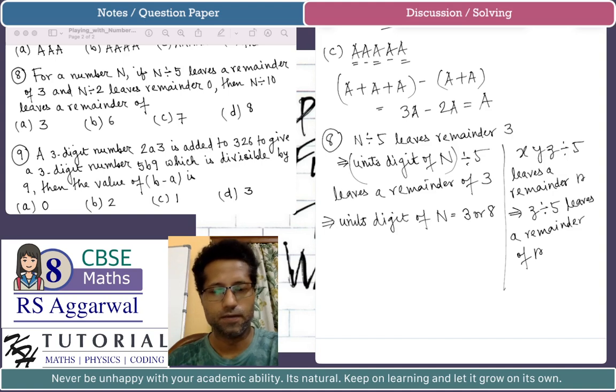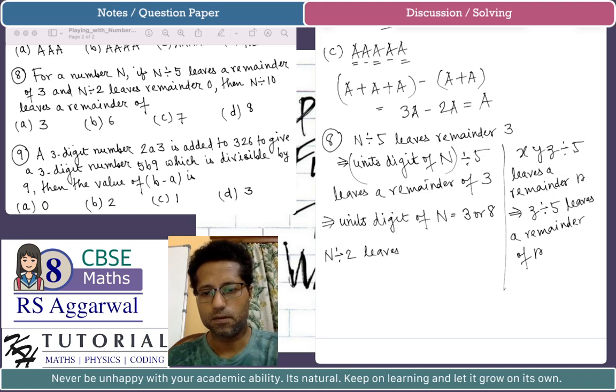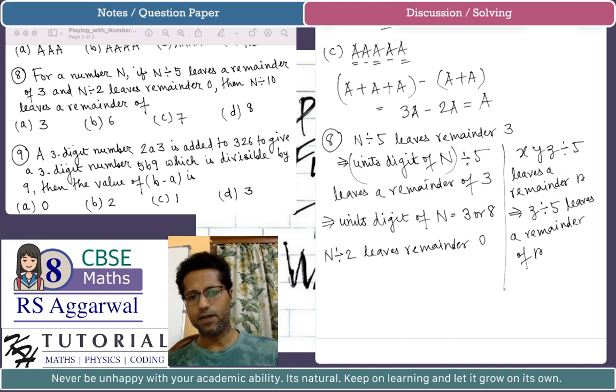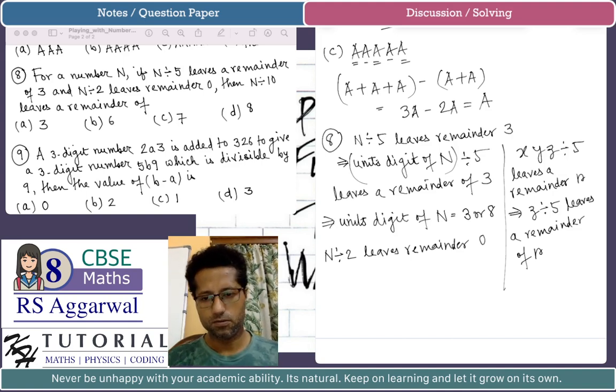Now it is also given that n divided by 2 leaves remainder 0. A number divided by 2 leaves the remainder 0 means that number is an even number. This means n is even.